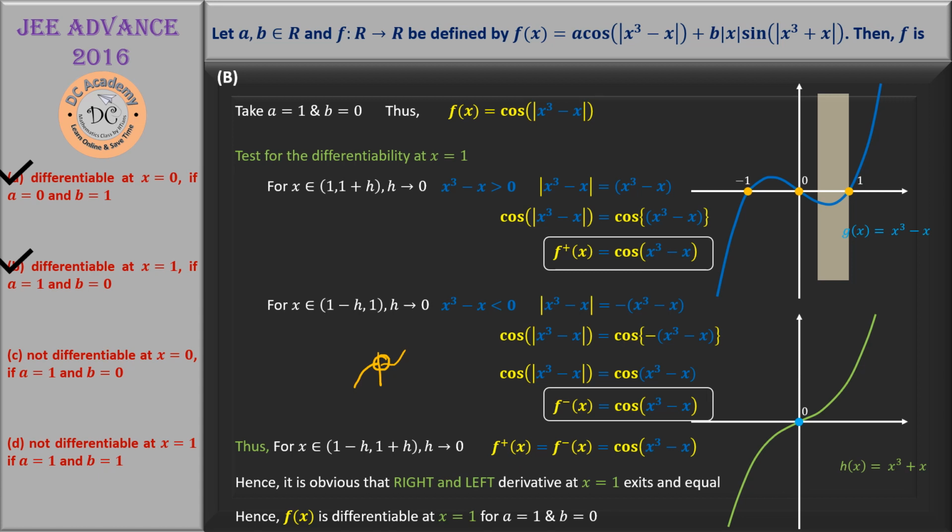In other words, if we find f plus dash at 1, we get the slope of the tangent to f(x). So both for f plus and f minus, the slope of the tangent at the particular point 1 will be the same. That means we get only one tangent. So that analysis tells us the differentiability exists.